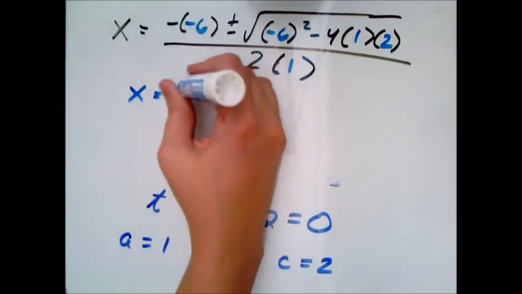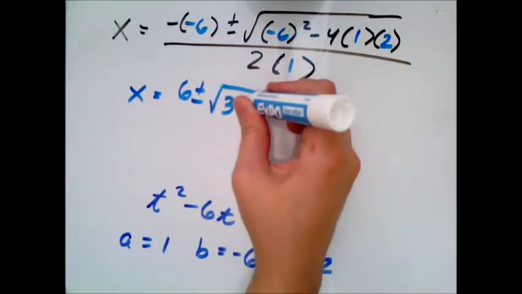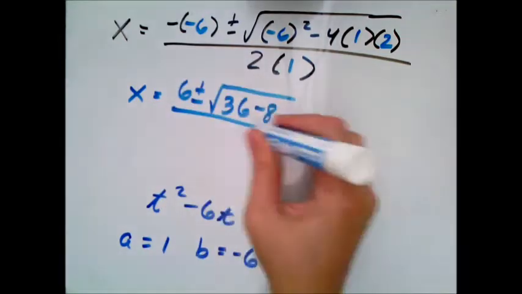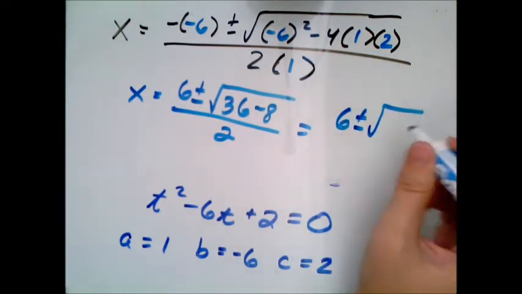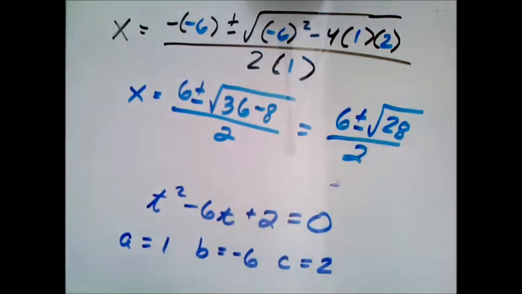Negatives cancel. I have 6 plus or minus the square root of 36 minus 8 all over 2. So 6 plus or minus square root of 28 all over 2. Now if they were asking for exact answers, we'd want to see, can I reduce the square root of 28, all that kind of stuff.